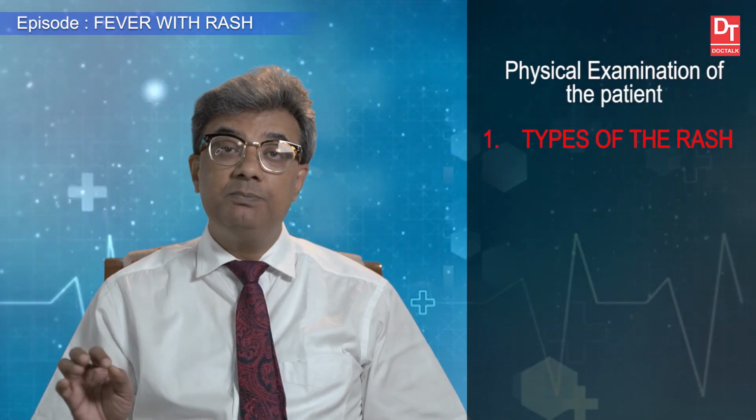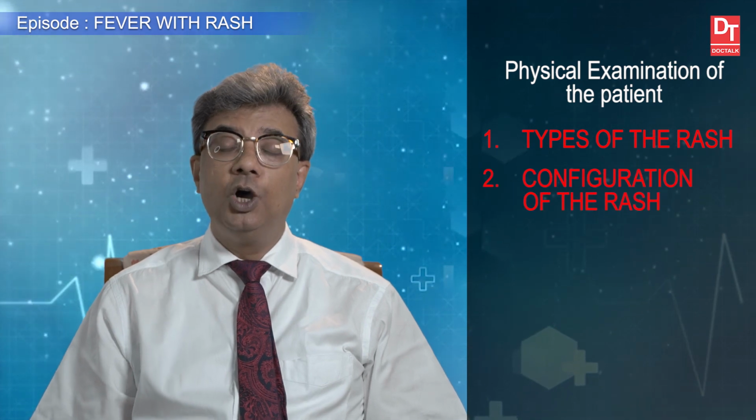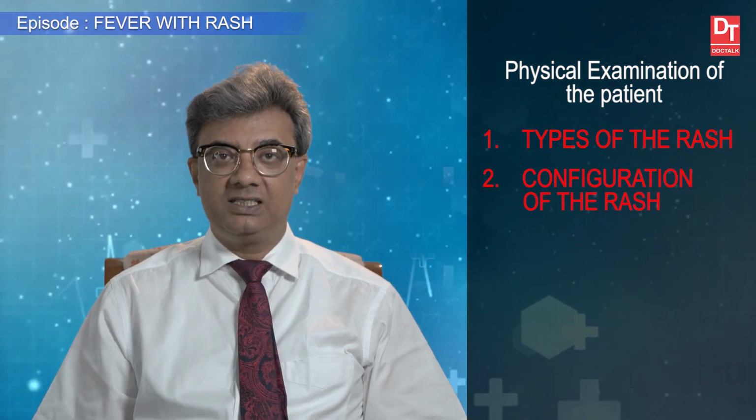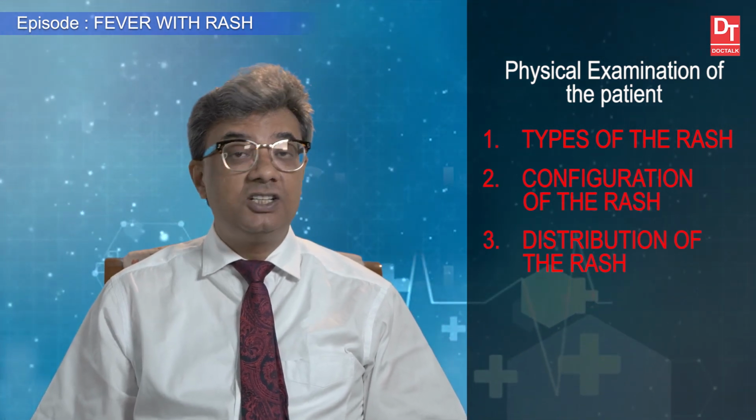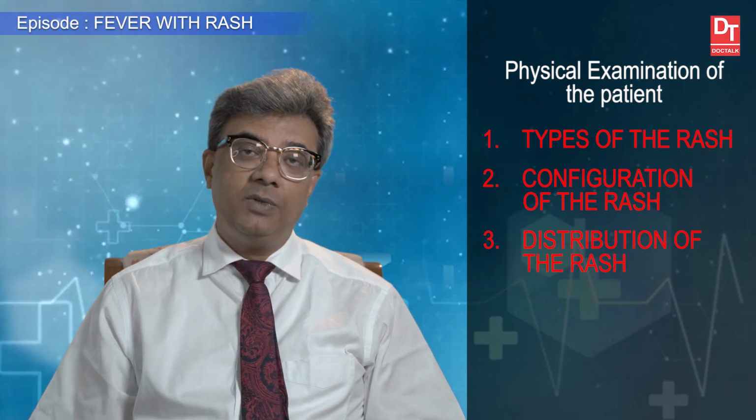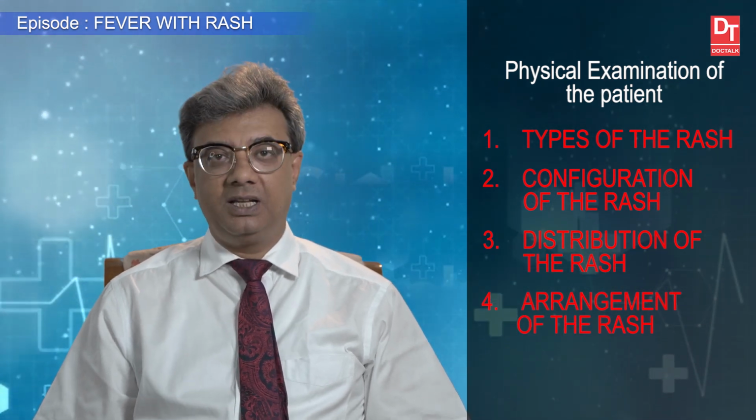What is the type of the rash? Number 2, configuration of the rash. Number 3, distribution of the rash. Number 4, arrangement of the rash. So, these are the points we will try to find out. So, let us first discuss different types of the rash.